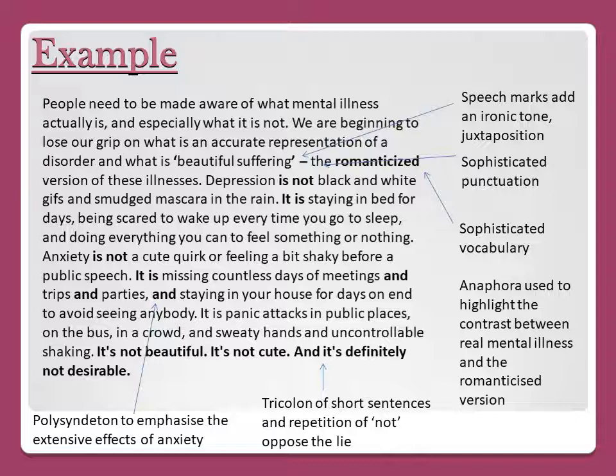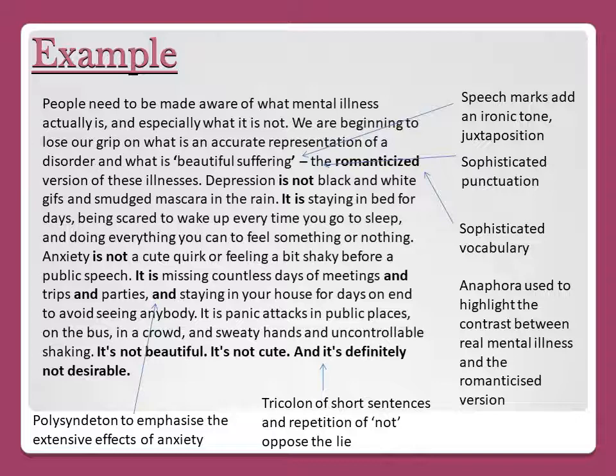And what I quite like there, they have the opposite of polysyndeton. So whereas polysyndeton slows down a list, "days of meetings and trips and parties and staying in your house," so we've got emphasis through slowing down the pace. The opposite is asyndeton, where a means without, which actually speeds up the pace.